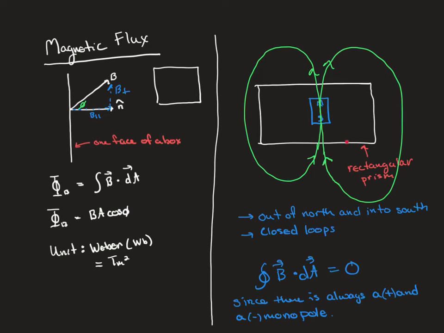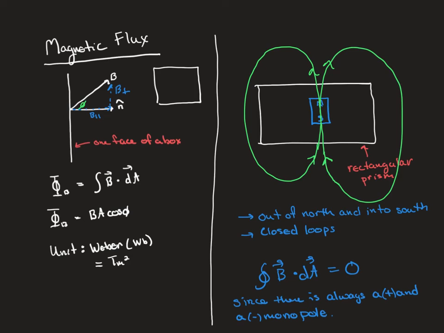So this is now a rectangular prism rather than one face of a box that we did over on the left-hand side. So before we could put a charge in and therefore have an electric flux come through the surface of the rectangular prism, or we could put a positive Q and a negative Q and have them cancel each other out and have no net flux through the surface area of the enclosed rectangular prism.